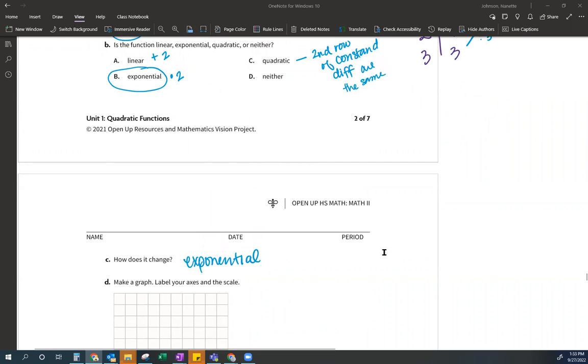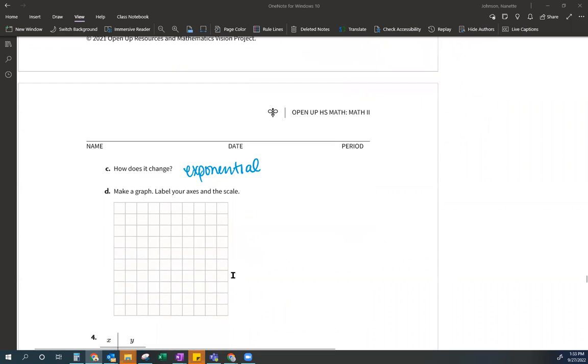So my graph for this one, it says label your axes. So here, this is months, and this is students, right? Here, this is going to be 0, this is going to be 1.